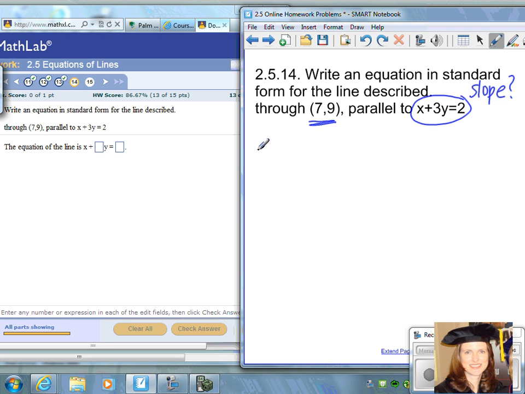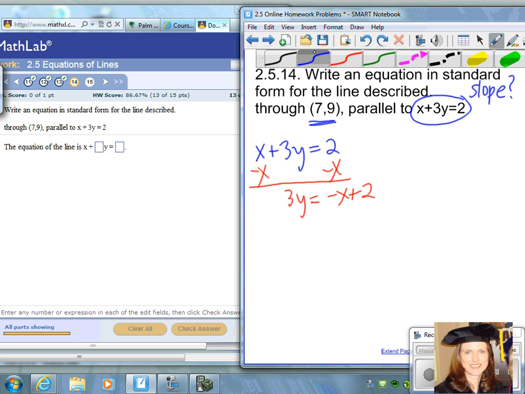So let's go ahead and solve this equation for y, y equals mx plus b. We are going to subtract x from both sides, and we get 3y equals negative x plus 2, and then divide by 3.